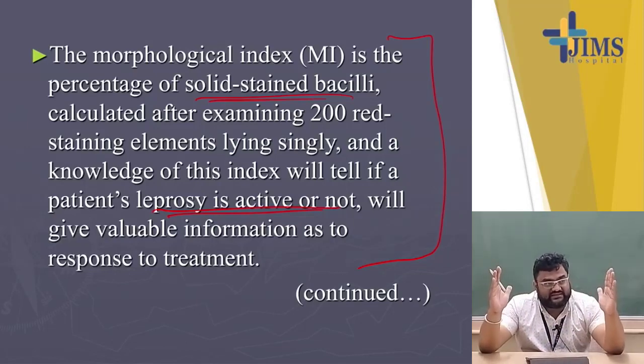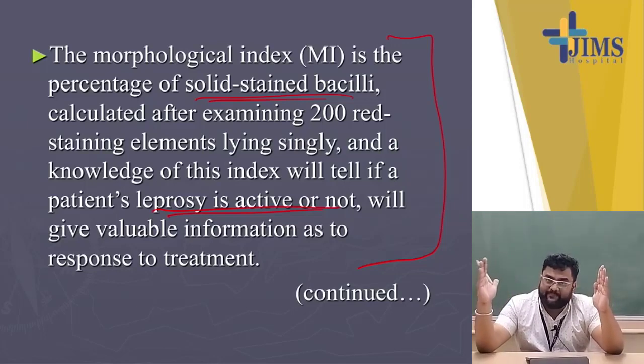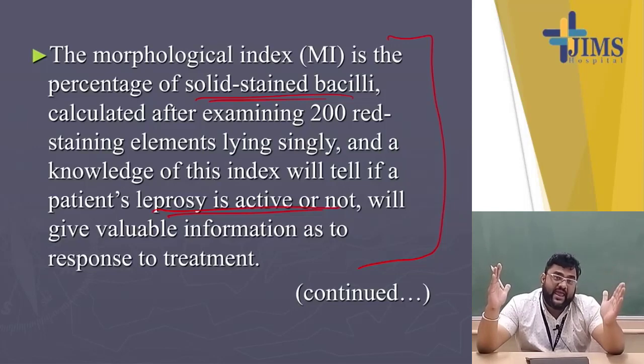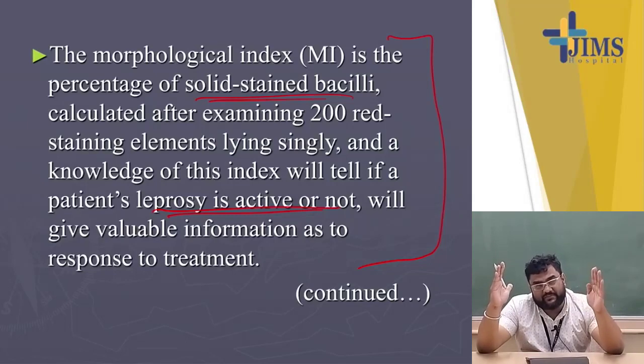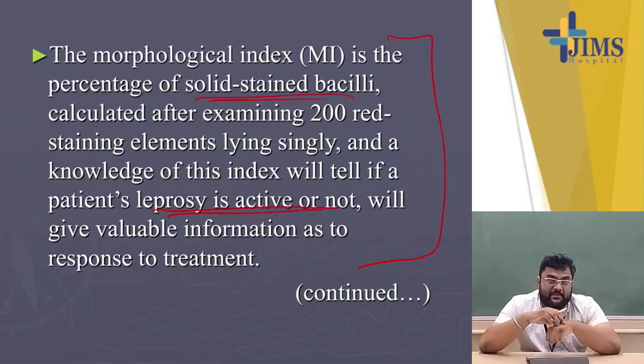So this is the least number of bacilli in the body, that is called tuberculoid leprosy. Only 1 patch is seen. And in lepromatous leprosy, we will see multiple patches on the skin. So in tuberculoid leprosy we see a big, well-defined patch, hypopigmented, hypoanesthetic, which means there will be less sensation, or distorted sensation, or a fully anesthetic patch.